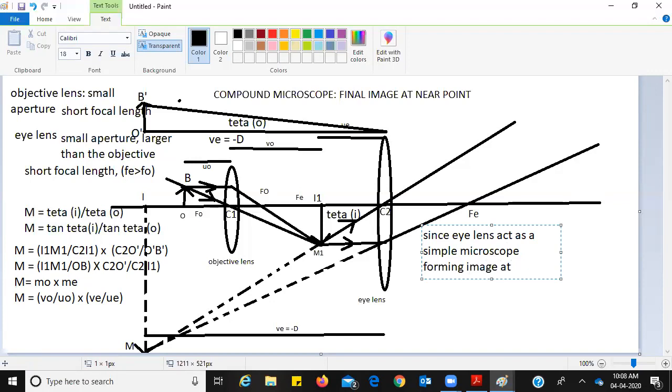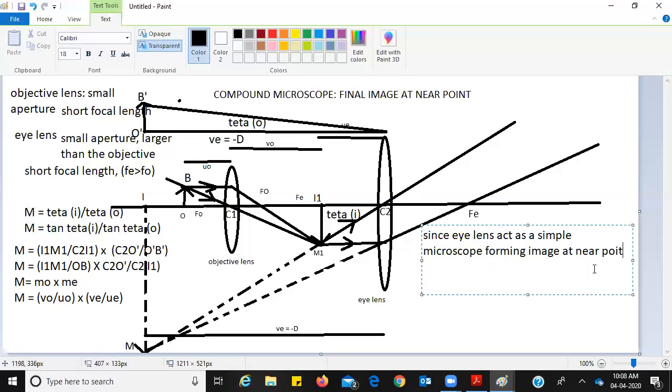What do we need to do? Image at near point. Since the eye lens acts like a simple microscope forming the image at near point, what can you change VE by UE, which is same as ME, to? It will become 1 plus D by FE.